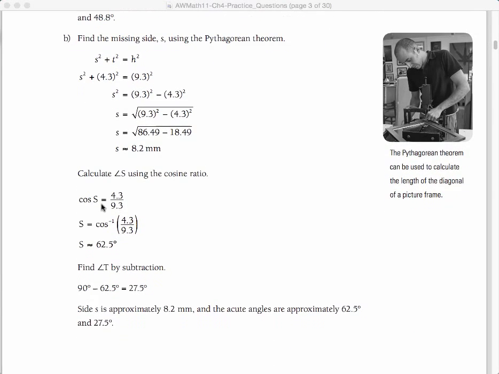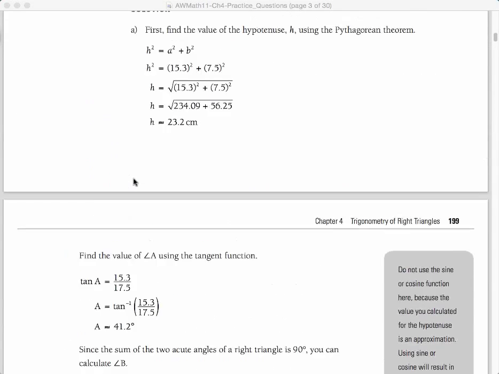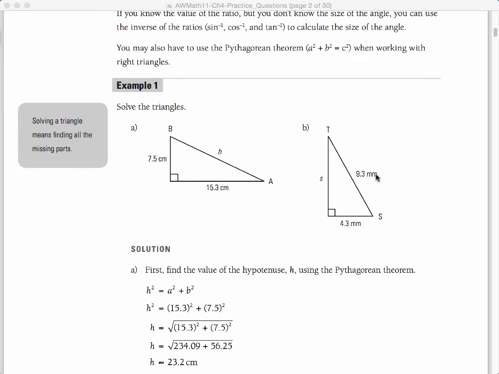In the second triangle, they're using the cosine rule to find angle S. So let's scan back here and have a look. Angle S is here. And what sides do they give us? Well, they haven't given us the opposite, but they've given us the adjacent and the hypotenuse. So in that case, we're going to use cos.